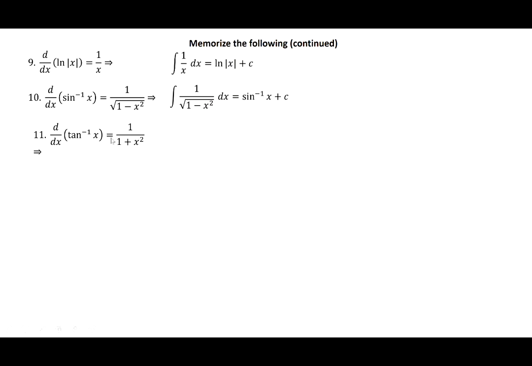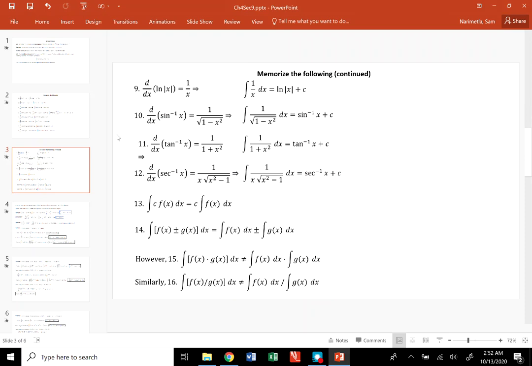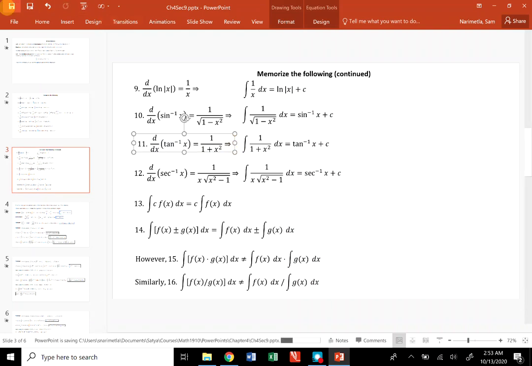Okay, the derivative of tan inverse of x is 1 over 1 plus x squared. That implies, I think the text box size was weird.